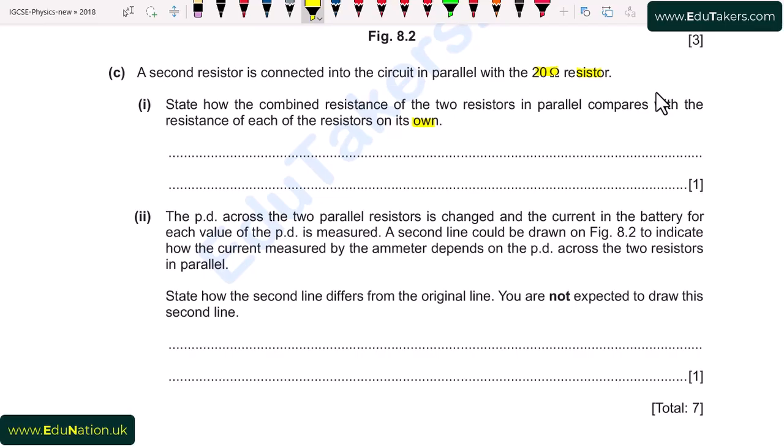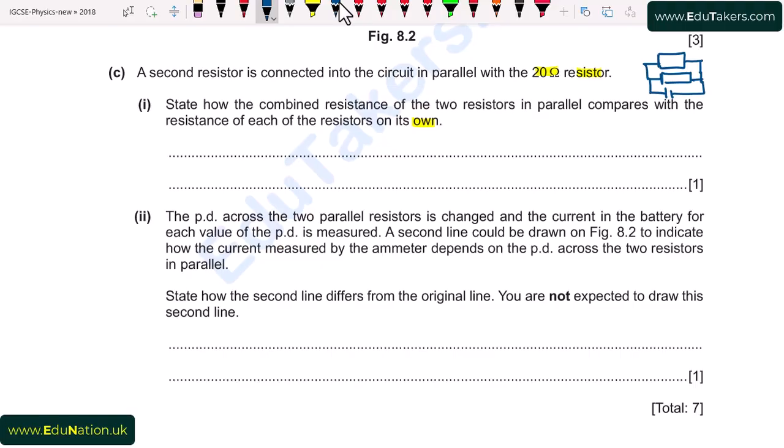So first of all, here is the resistance 20 ohm, that is the original resistance. Then we attach another resistance whose resistance is also 20 ohms. So we have to find out their equivalent resistance. Both of these are connected in parallel.